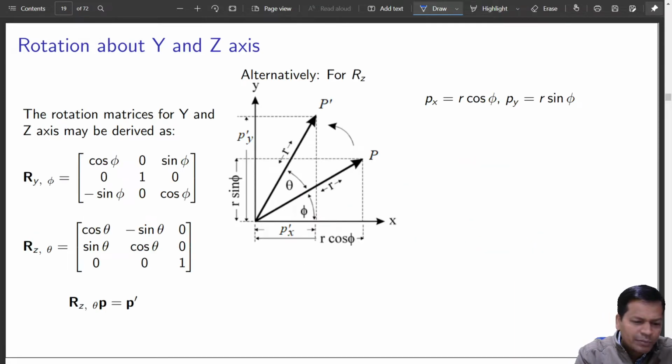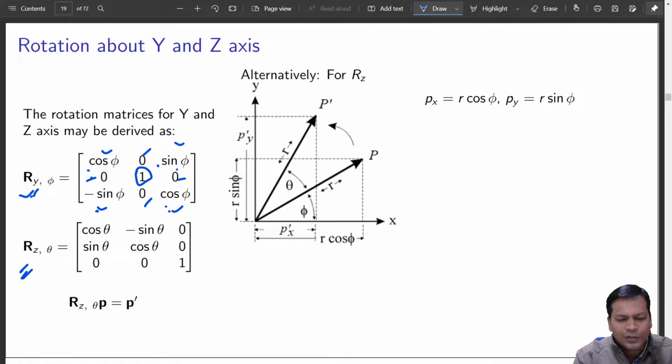Similarly, you have a rotation matrix about y. Similarly, you have a rotation matrix about z. So if it is about y, you put this column and row as 0 and then you have cos, sine, minus sine, cos. In case of y, it is not cos, minus sine, sine, cos, it is cos, sine, minus sine, cos.